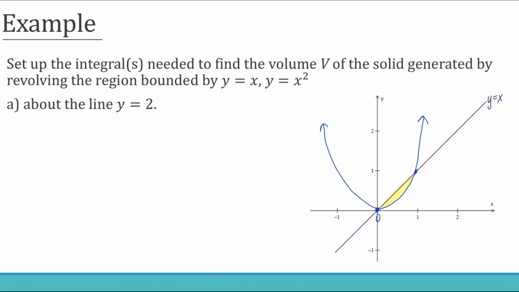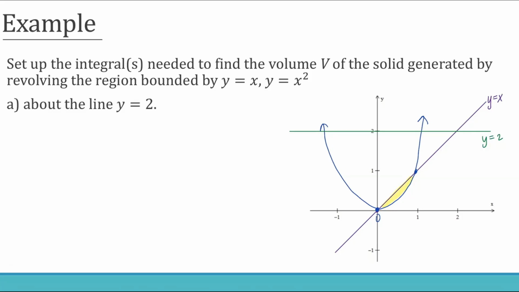And so we are rotating this time around a different line, not the x or y axis. We're rotating around the line y equals 2. Here y equals 2 is a horizontal line, and it happens to be above the region that we're rotating, but that's okay.